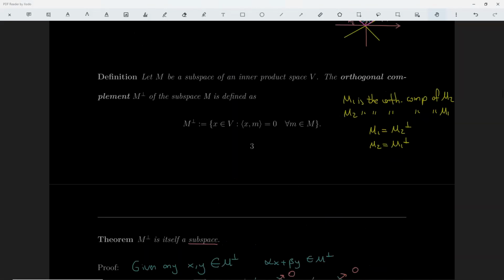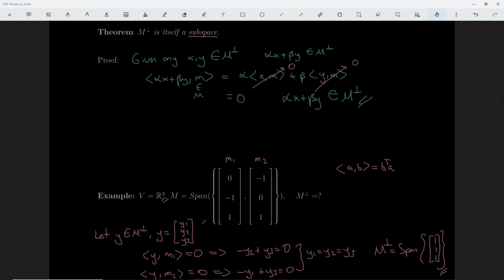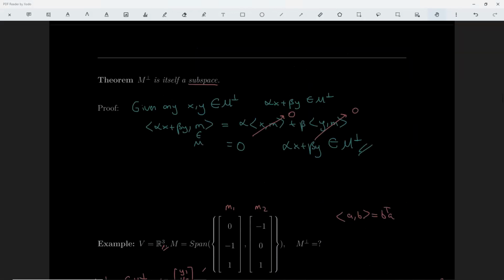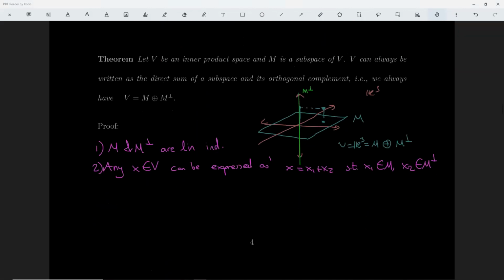All right, and following that, we defined the orthogonal complement of the subspace M, and we said that the orthogonal complement is also another subspace. We showed that, and we were at the very end of the lecture.